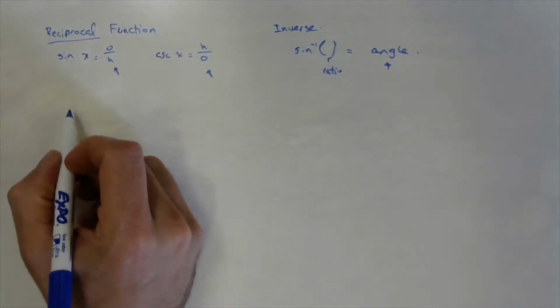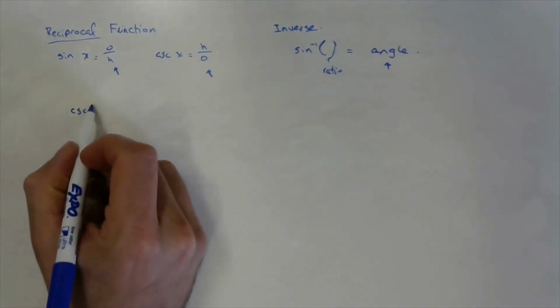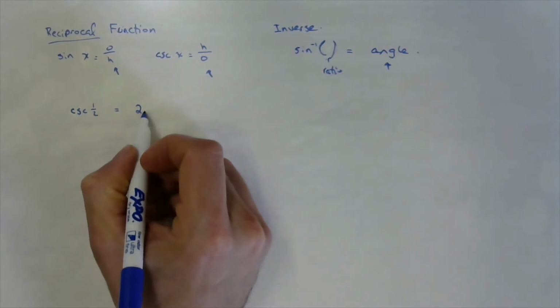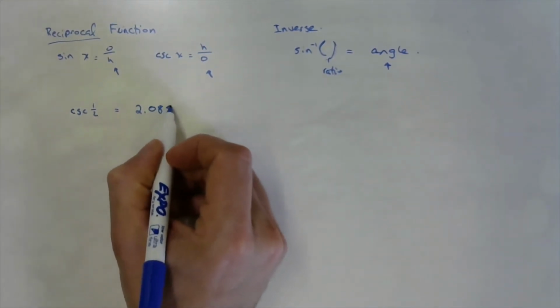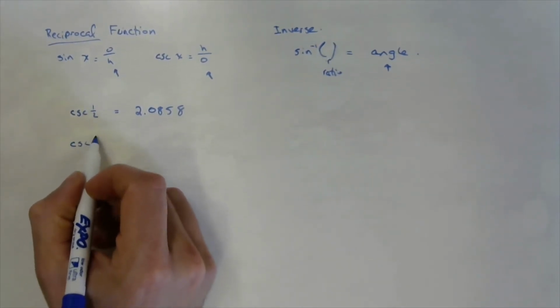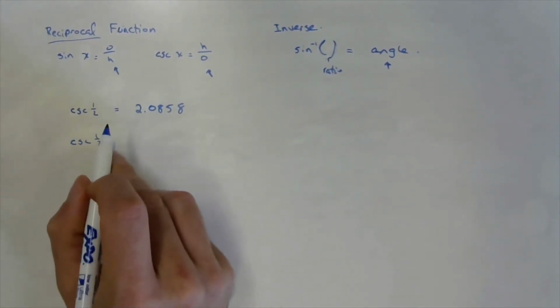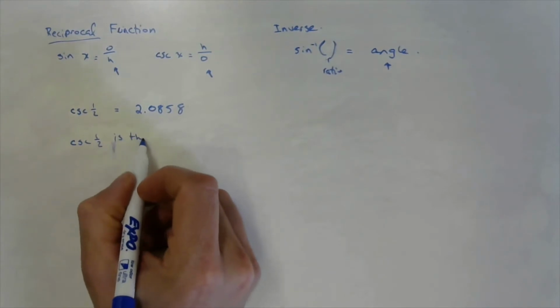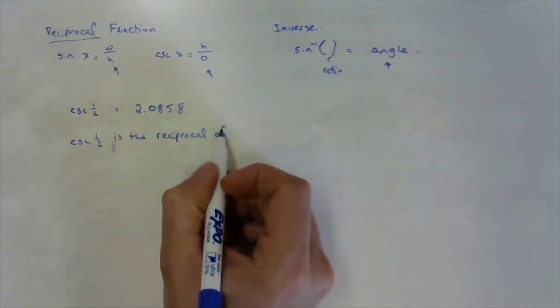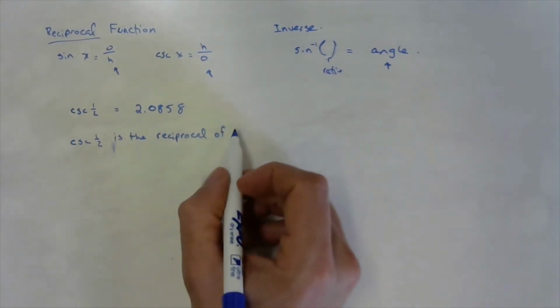So your blanks there, the value of cosecant of 1/2, you can chuck that in your calculator. The value of that is 2.0858, okay? Cosecant of 1/2 is the reciprocal of the sine of 1/2.